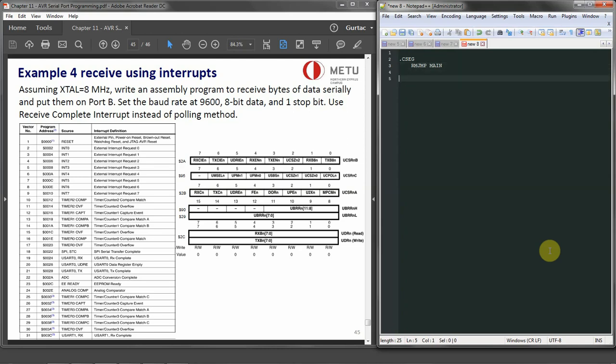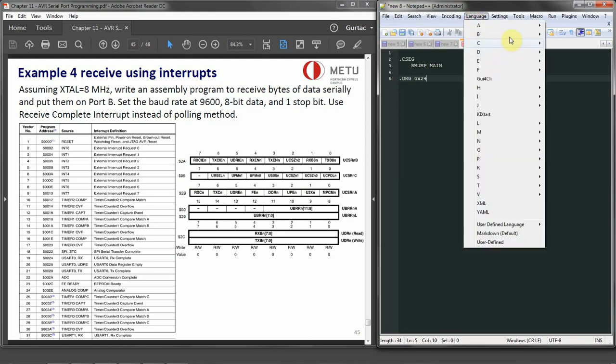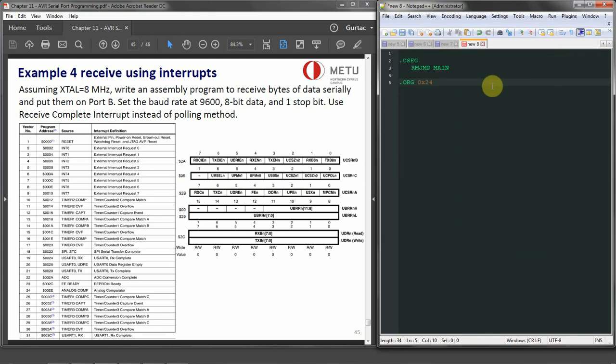And then we have got .org, the interrupt vector was in hex 24, so hex 24 will be our interrupt vector place.